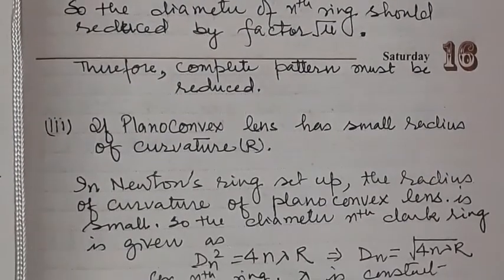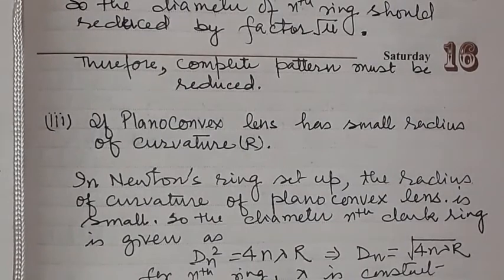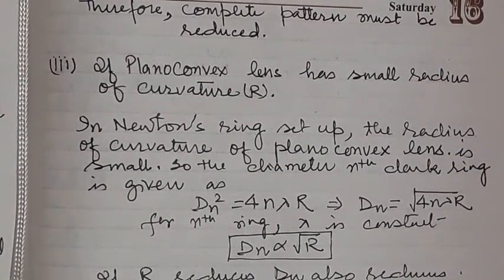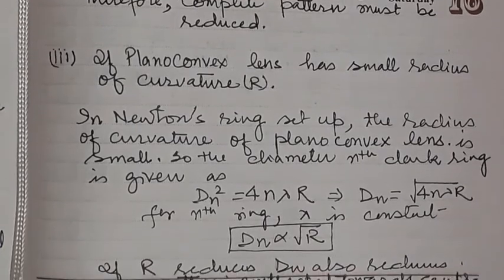See, in the Newton ring setup, the diameter of the nth ring is given by Dn square equals 4n lambda R. So Dn is equal to the root of 4n lambda R. For the nth ring and constant lambda, Dn is directly proportional to the root of R, where R is the radius of curvature.